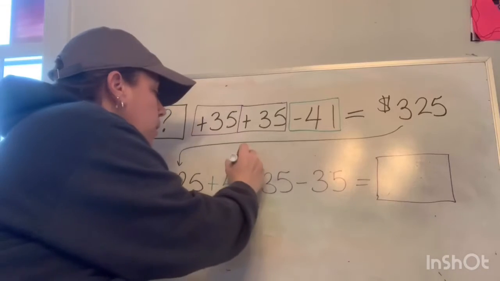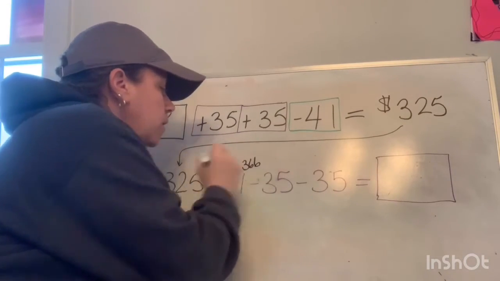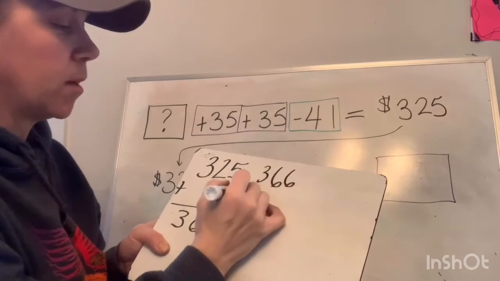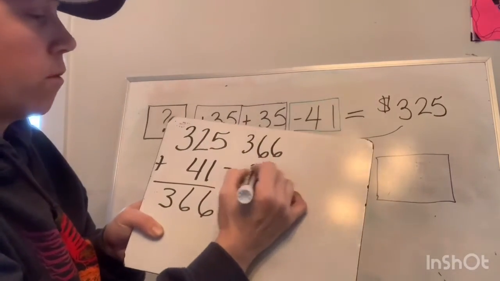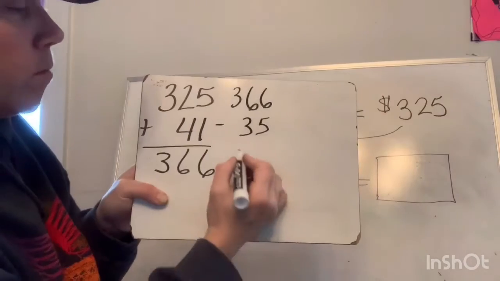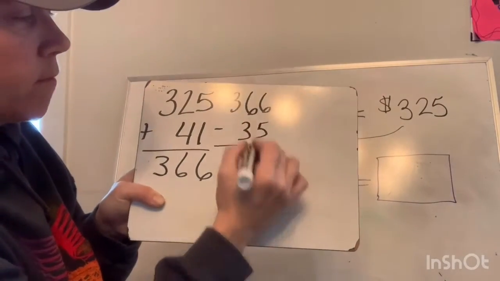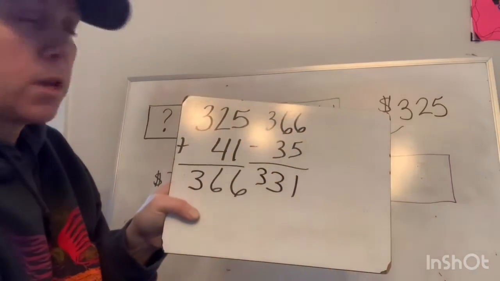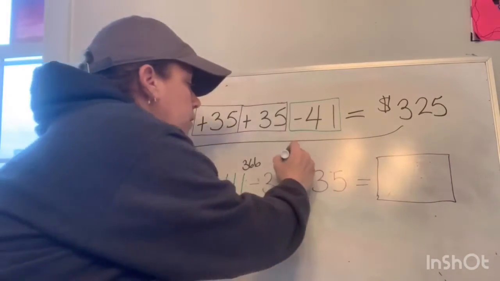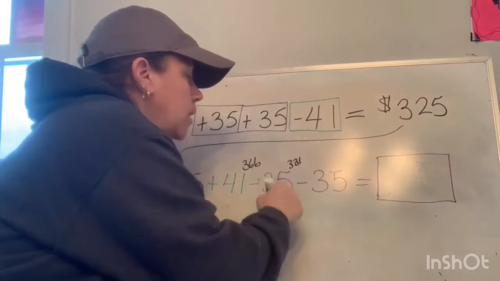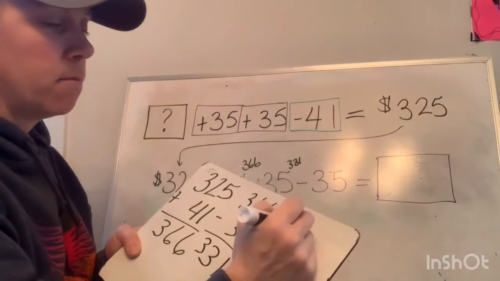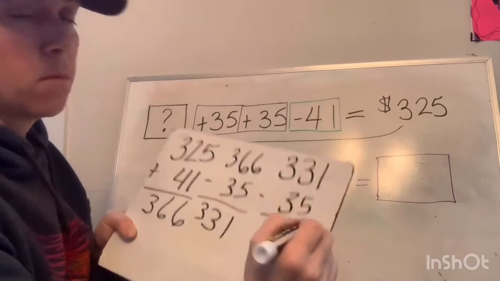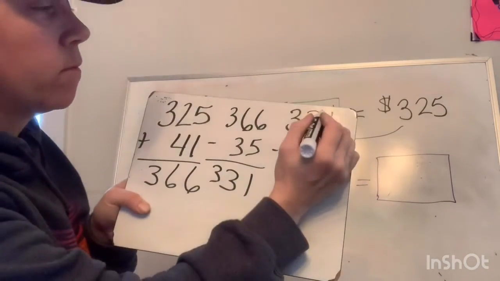So 366 was right there. I'm going to take that 366 and subtract 35. Got what I'm doing? 6 minus 5 is 1, 6 minus 3 is 3, and 3 minus 0 is 3. So here's 331. I'm going to subtract 35 again.